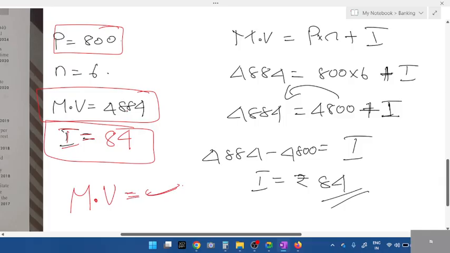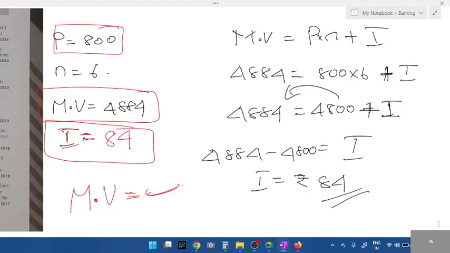Maturity value will be greater, because in some questions you can't identify it, students. The way they give the words, you won't be able to identify. Then go with the values. So maturity value will be the highest here, 4884. Principal and interest will be smaller than that. Make a note. Try the first question. I'll send the questions in the group.